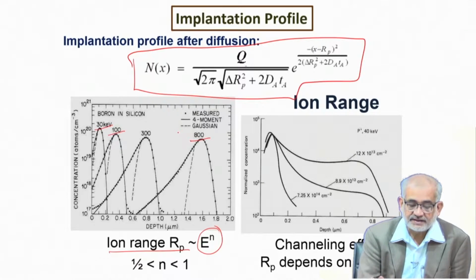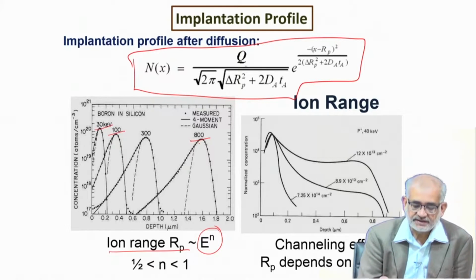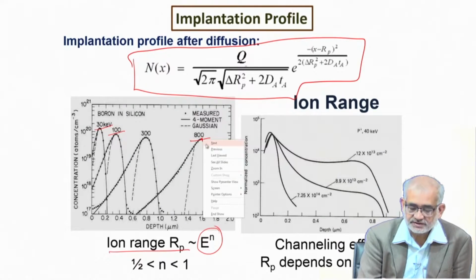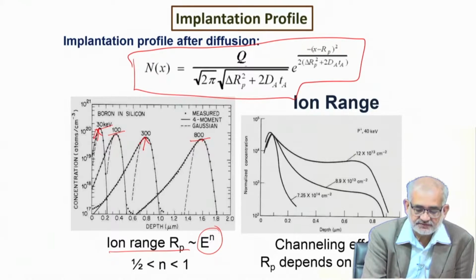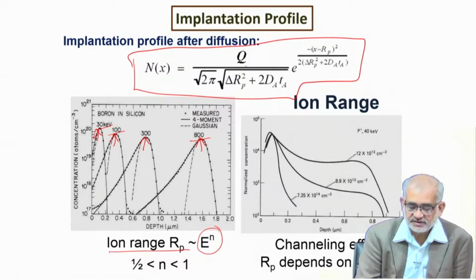You apply higher acceleration voltage, you penetrate deeper, so the absolute number of species increases, but at the same time the volume increases. So ions per unit volume remain about the same, but what is important is the depth at which the peak occurs. So this is for 30 kV, for 100 kV, for 300 kV and for 800 kV. So this peak position changes and actually goes deeper inside the substrate.